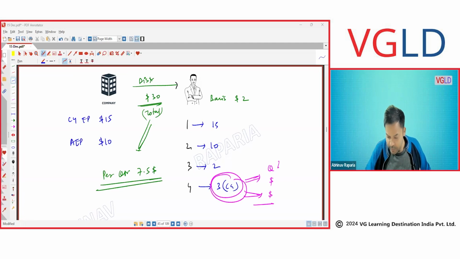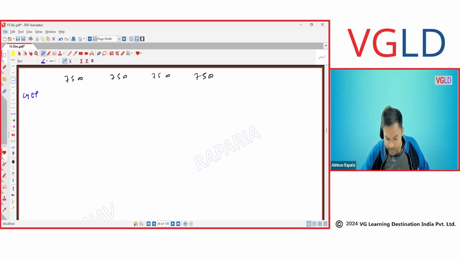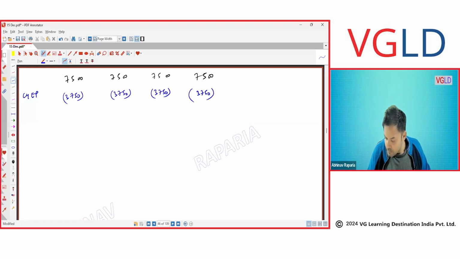So proportionately, total is 30,000. And from the total, we are reducing 15,000 like this. Total is coming 15,000, guys.